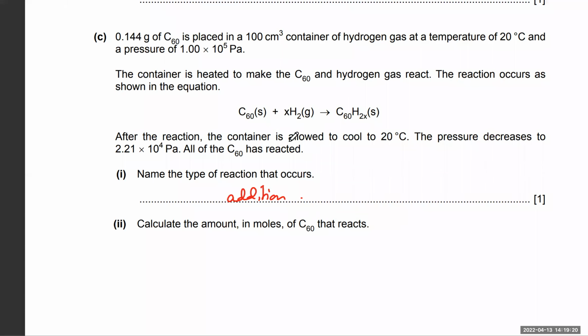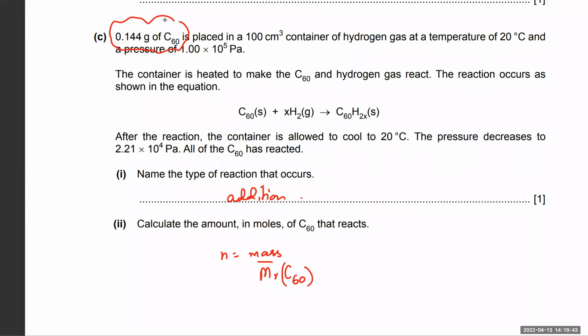Calculate the amount in moles of C60. That will come out easily: you've got mass divided by Mr. When you answer questions on your paper, make sure you show your working as clearly as possible. It doesn't take much time, just a little.